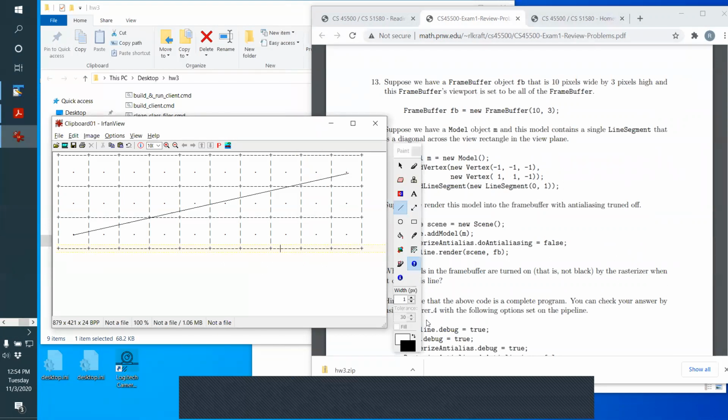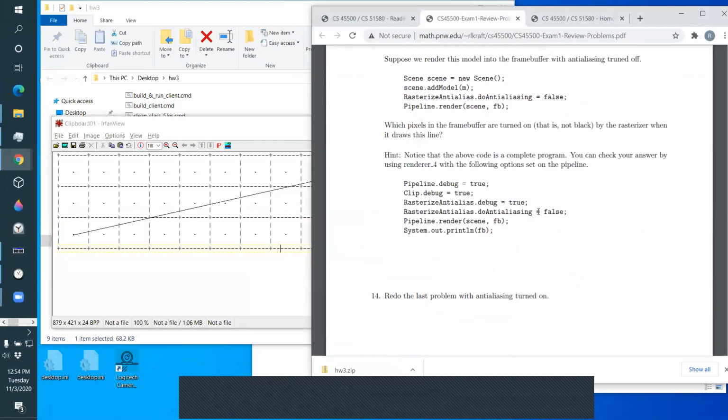Now 14 says do it with anti-aliasing turned on. What do I change?